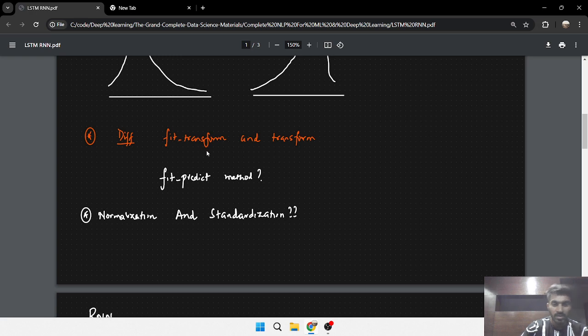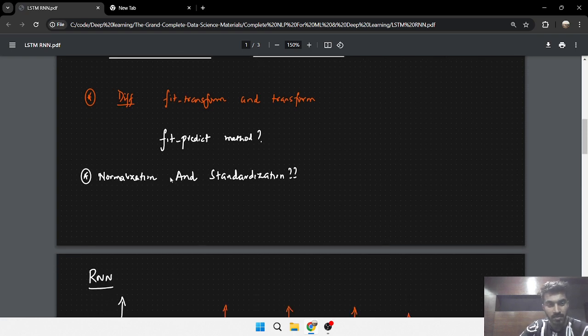Why don't we apply fit transform on the testing data set? To avoid data leakage. If we fit on our whole data, there may be a data leakage problem for our model. That's why we don't fit on the testing data set. The predict method is also there.